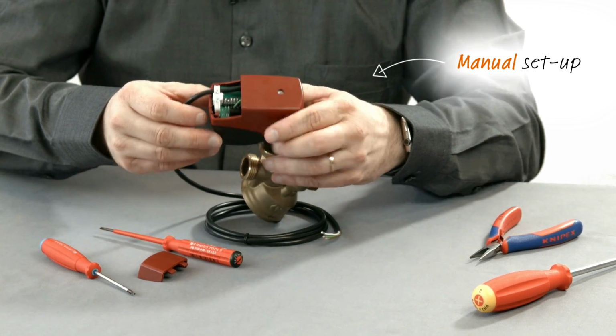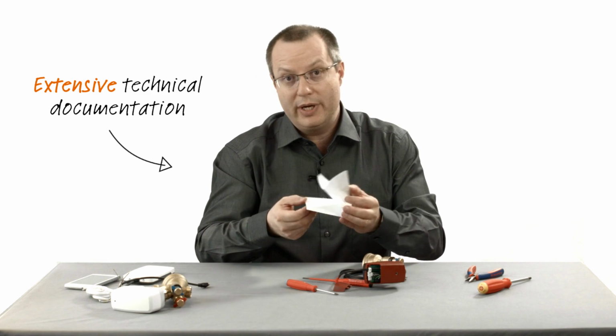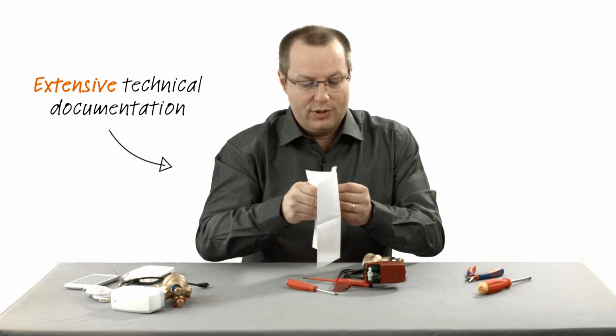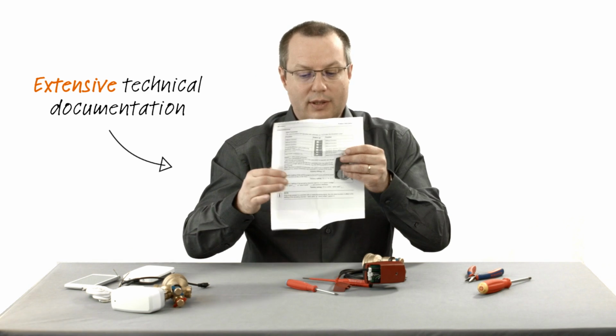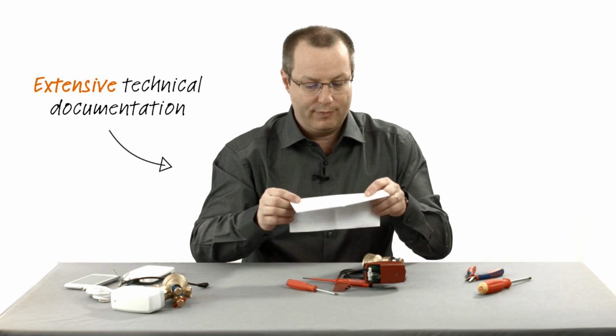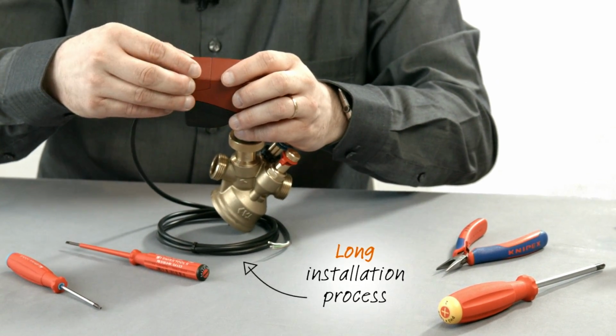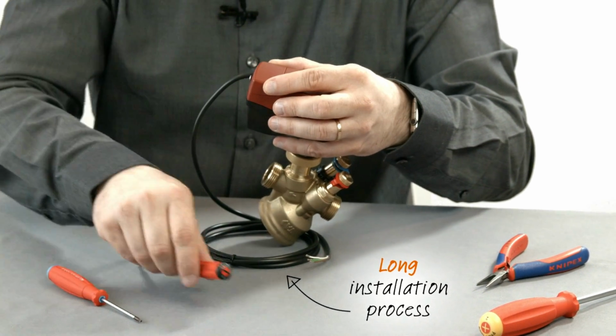One of the difficulties is to know which dip switch to turn, and for this you need to bring along with you some installation instructions that will document you on which switch to turn in order to obtain the function that you want to apply to the actuator.